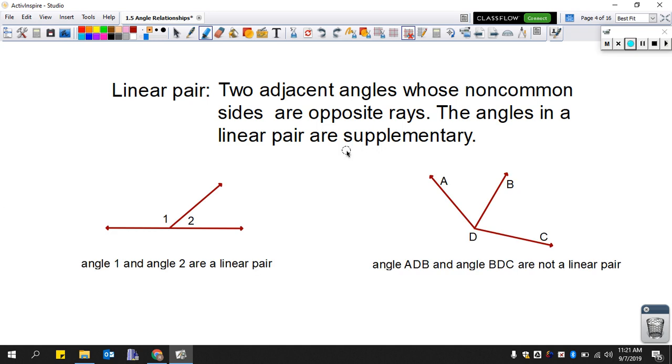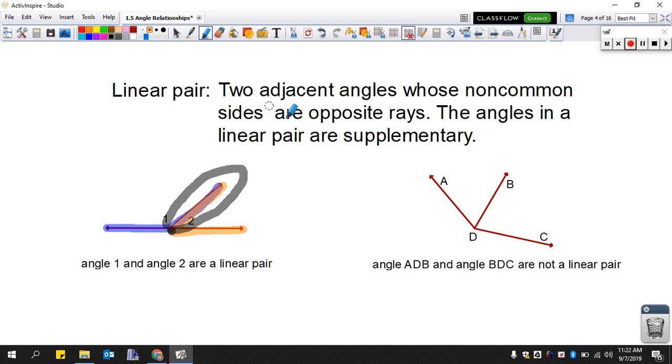All right, so in this case, two adjacent angles. We have angle 1 right here, and we have angle 2 right here that are adjacent. In other words, they have a common vertex right here, and they share this common side right here.